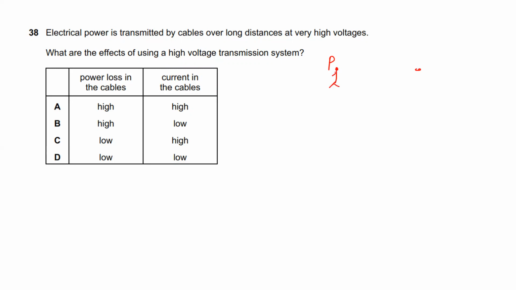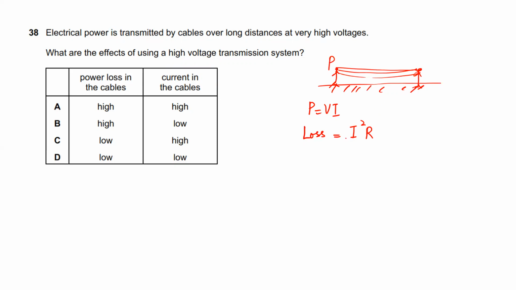Say this is point 1, this is point 2. Power P is equal to VI, and the losses in conductors can be given as I square R, or power loss because of transmission of power.